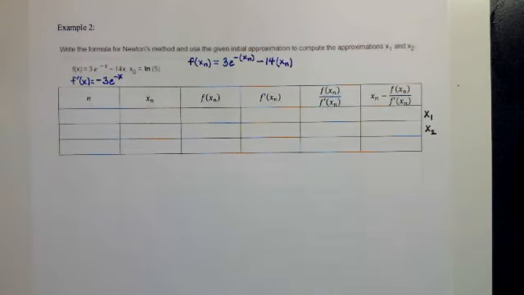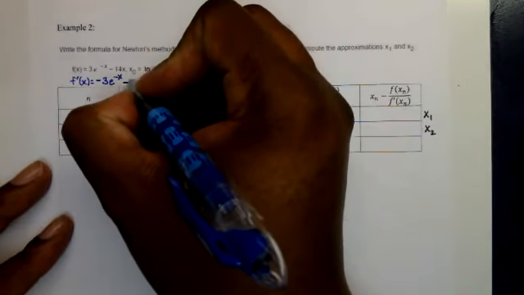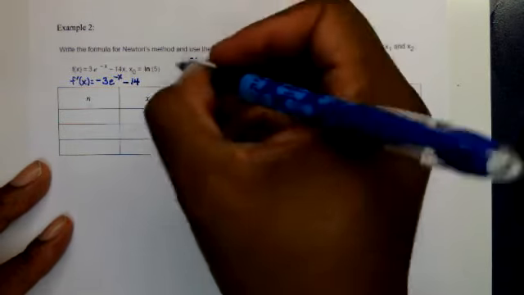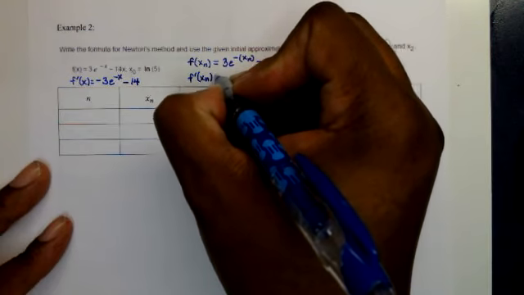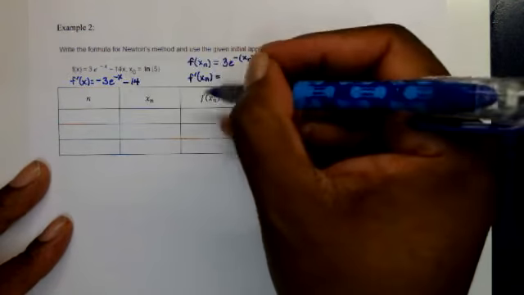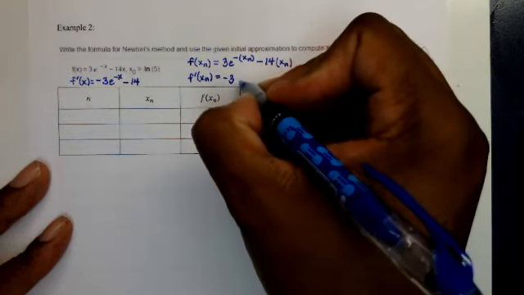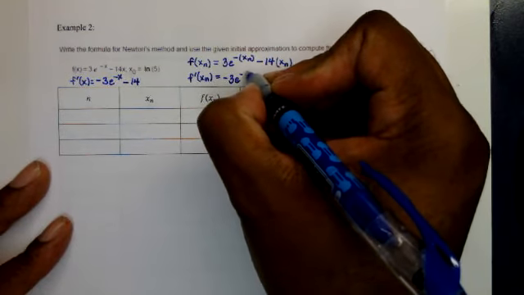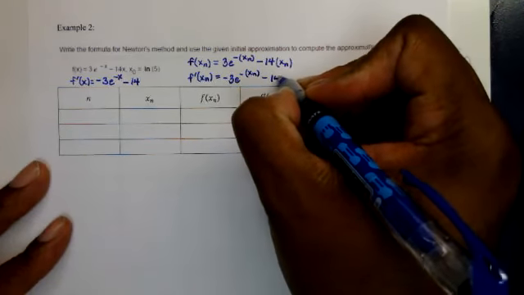So a negative has to go in front of the 3e to the negative x, so I have negative 3e to the negative x, and then minus the derivative of 14x, which is 14. And then for f prime of x of n, just replace the x with x of n. So it'd be negative 3 e to the negative x of n minus 14.